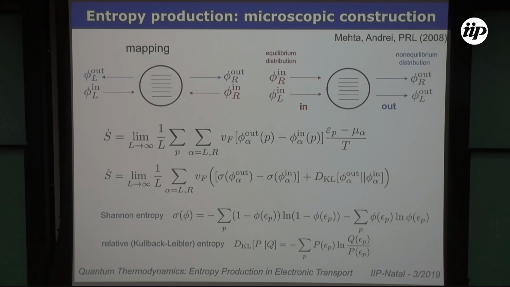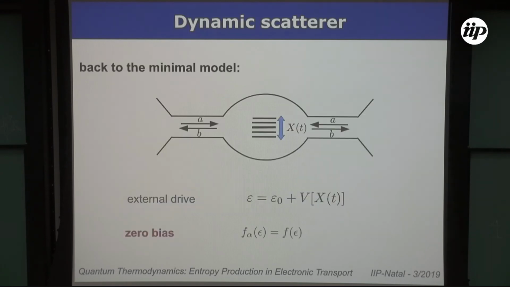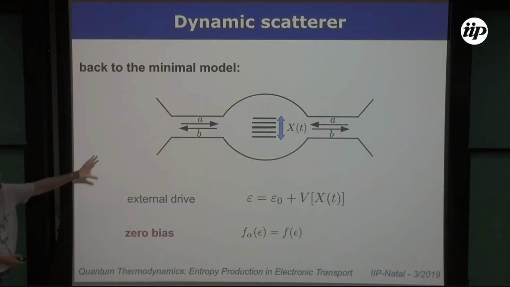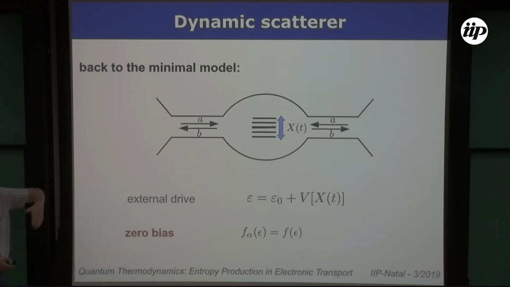Now let's see what happens if you consider quantum pumps, or an external drive. Basically the idea is that you have your system and an external drive which makes the resonances go up and down.